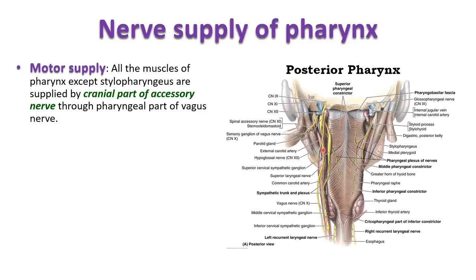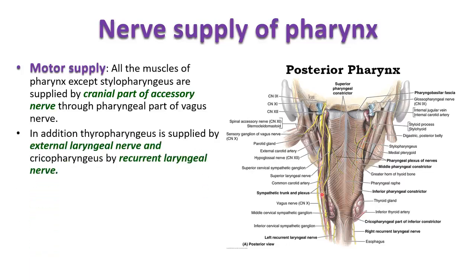The glossopharyngeal nerve, along with the stylopharyngeus muscle, passes in the gap between the superior and the middle constrictors. So stylopharyngeus is actually supplied by the glossopharyngeal nerve.